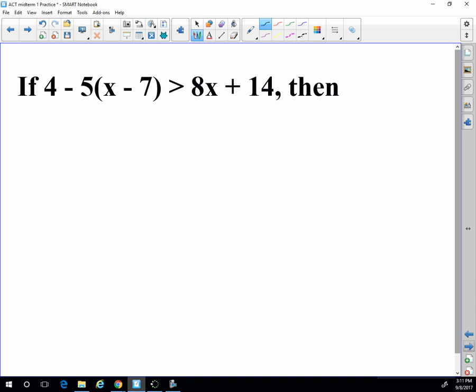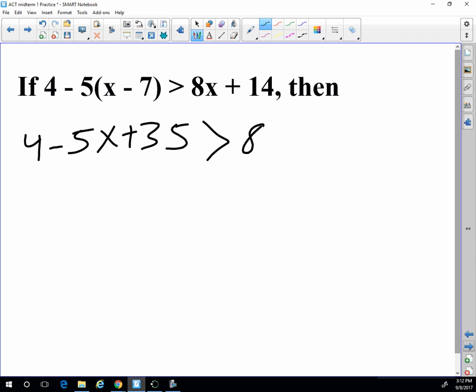If 4 minus 5 times the quantity x minus 7 is greater than 8x plus 14, then let's go ahead and multiply the negative 5 times the 4. So let's put the 4, and negative 5 times x is negative 5x, and negative 5 times a negative 7 is 35, so I'm going to say plus 35.